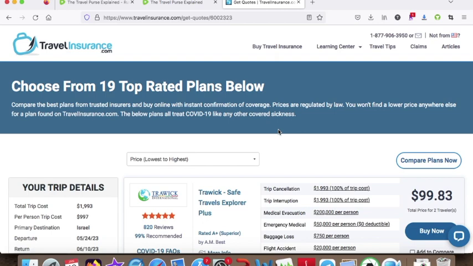Now, as it relates to optional services, most companies, as long as you have the confirmation number for your trip, you can manage your booking on the actual website.